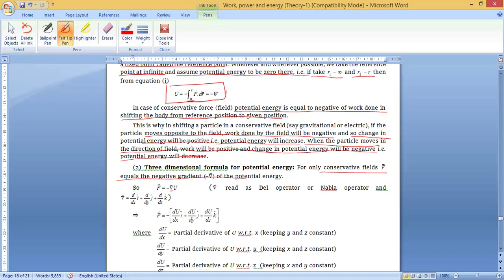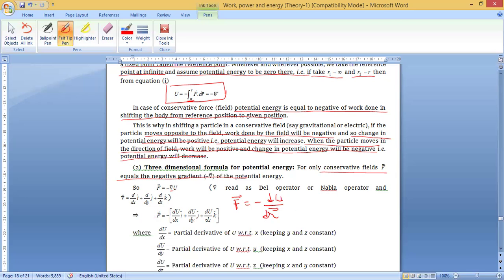So here del we take d by dx i cap, d by dy j cap, d by dz k cap. So we write F equal to minus du by dx i cap plus du by dy j cap plus du by dz k cap. Means we write F is equal to minus du by dr vector.